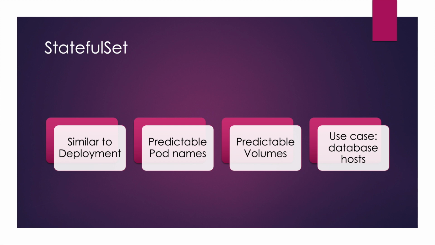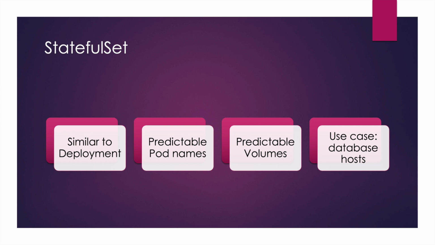Stateful sets are similar to deployments. They deploy pods and they manage the number of pods. They are different in one way: they create the pod names in a very predictable way. They will use the service name. There's a scheme that they use to generate the names of the pods in a very predictable manner.